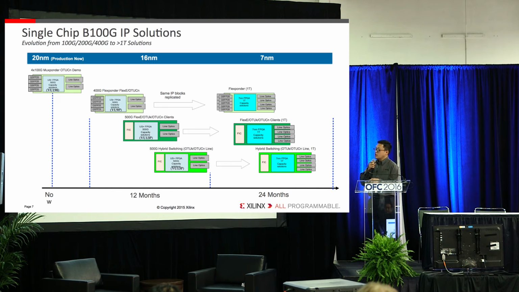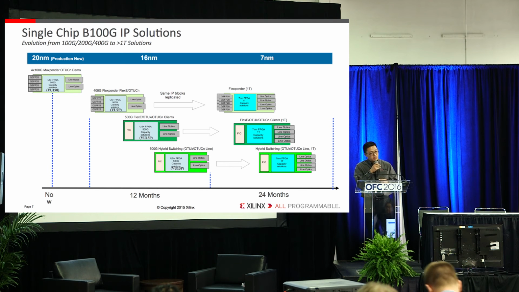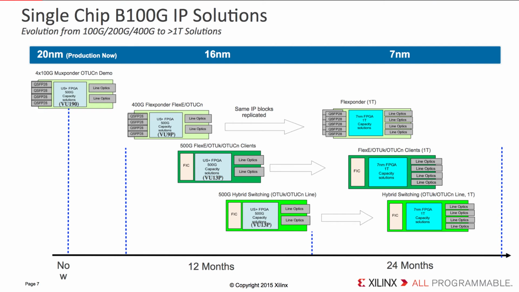So this is essentially a Fluxponder, okay? And then of course for switching applications, I think Luca from Cisco also mentioned FlexE. One of the benefits is to have lower Ethernet pipes that can get into a transport gear, and those smaller Ethernet pipes can be mapped into an ODU flex, okay?